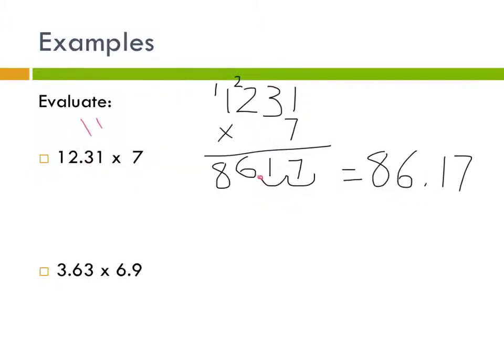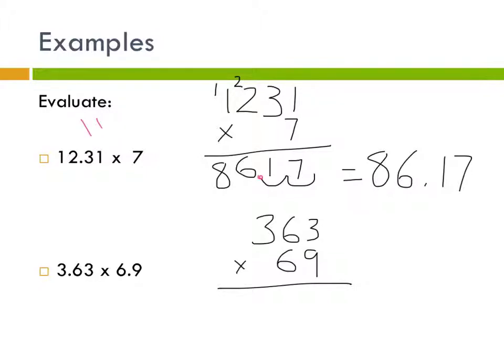Okay, let's have a look at this next example. Let's move that little working up a bit. 3.63. I remember I'm ignoring my decimal places. Multiplied by, actually I might just give myself a little bit more room there. 363 multiplied by 69.